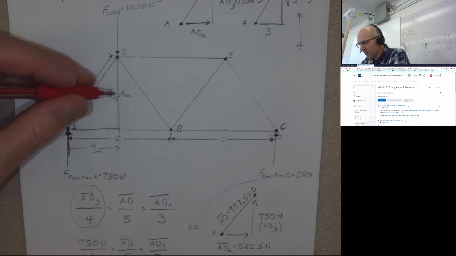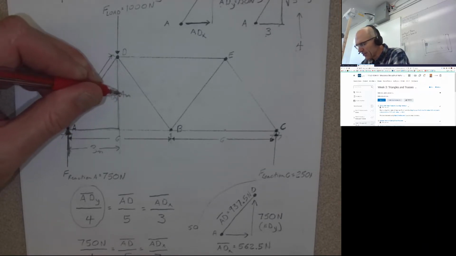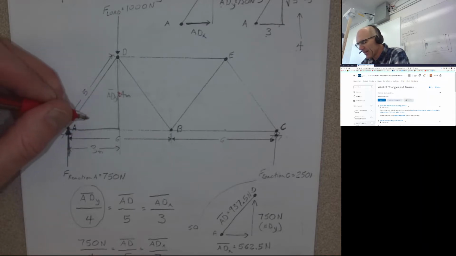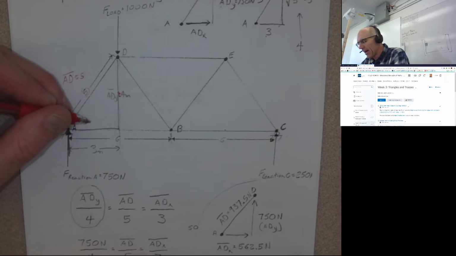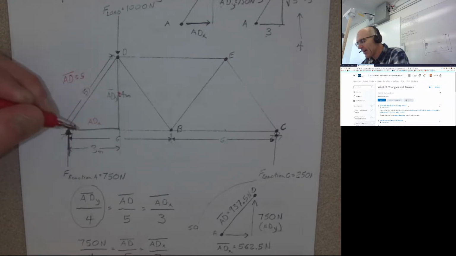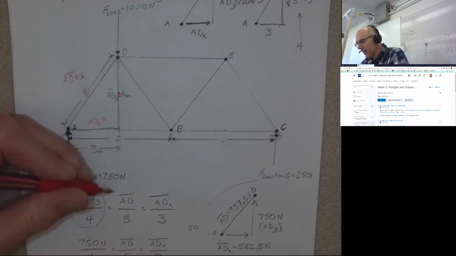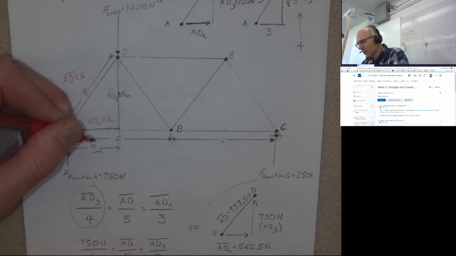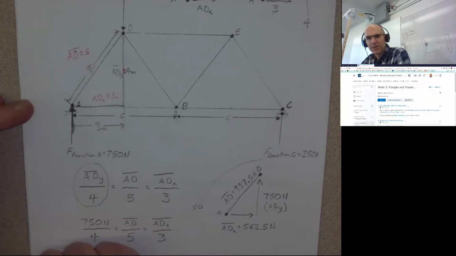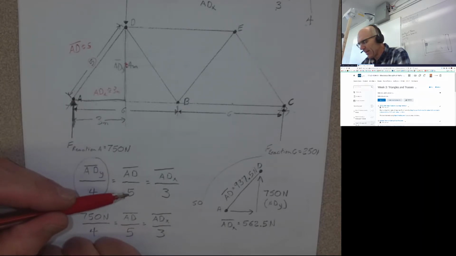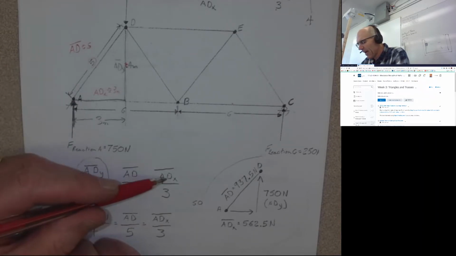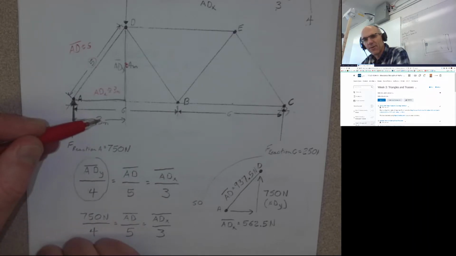And my AD vector is proportional to 5 meters right here. And my ADX is proportional to the 3-meter direction right down here. And so we write that out: ADY over 4 equals AD over 5 equals ADX over 3.